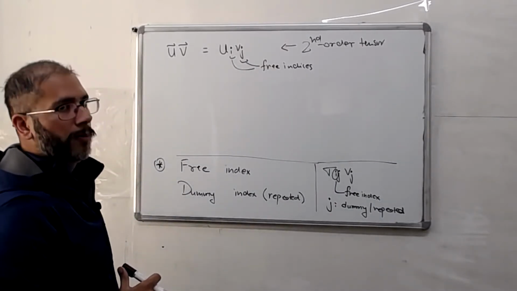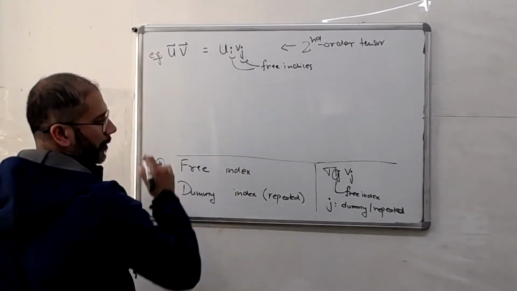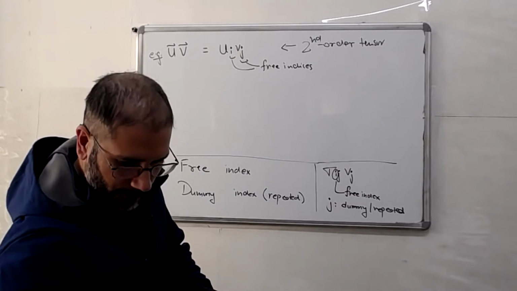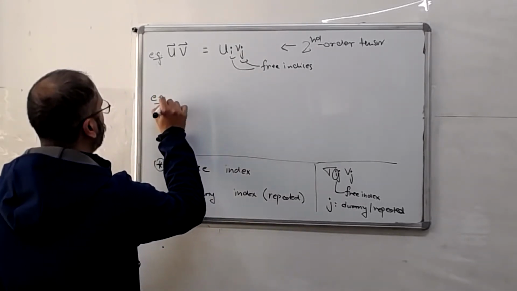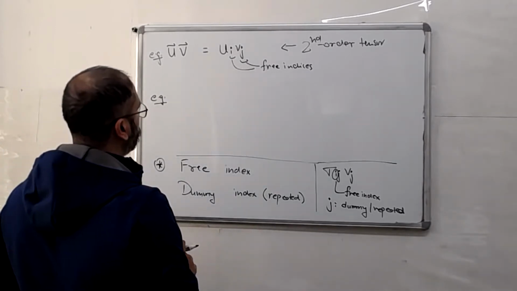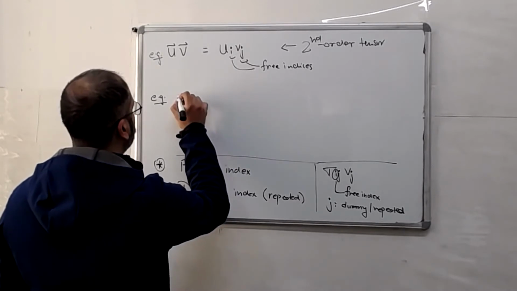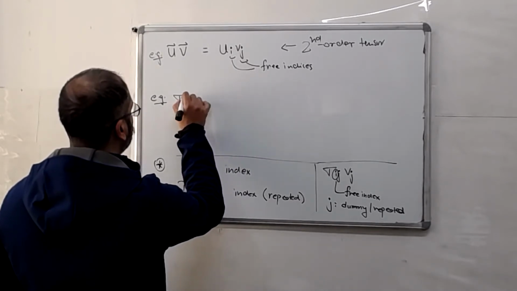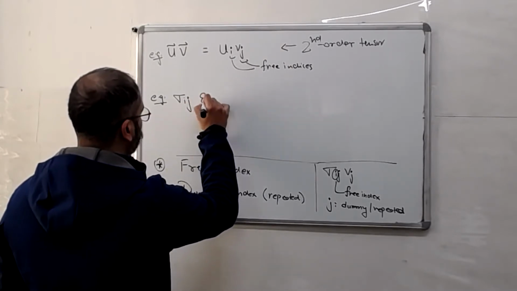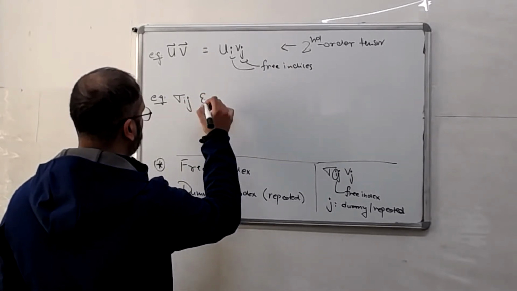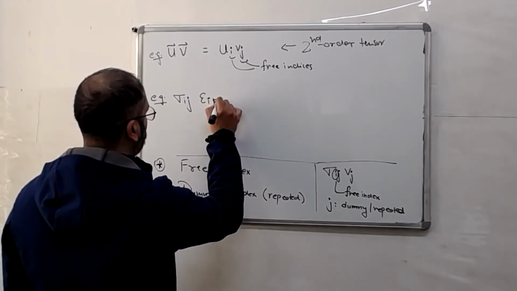Let's take yet another example. Let's have a tensor times a tensor. Let's have a tensor sigma ij, and then it gets multiplied with another tensor epsilon, which is also a second order tensor, but in this case you have epsilon ik.